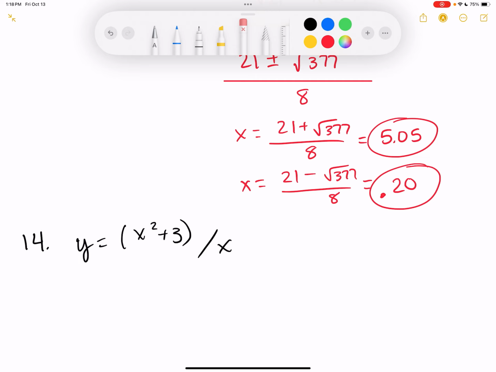All right, so I'm going to write it out as things prime for the first time so that y'all can see it, and then typically I'll just take the derivative times whatever. The derivative of the top, x squared plus 3 prime, times the bottom x, minus the top x squared plus 3 times the derivative of the bottom, x prime, divided by the denominator squared.